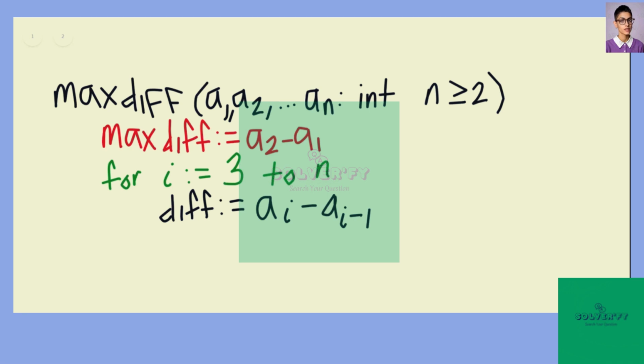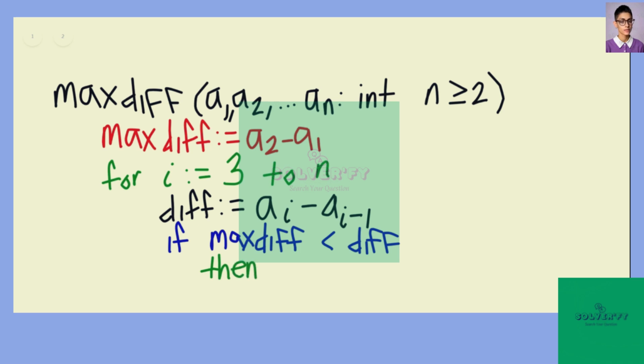So we have our maximum, which was just set at the first difference possible, and then we're going to compare future differences to that. And so if what we have as our max difference is less than our current difference, we'll reset our max difference to this new one, to the larger difference.